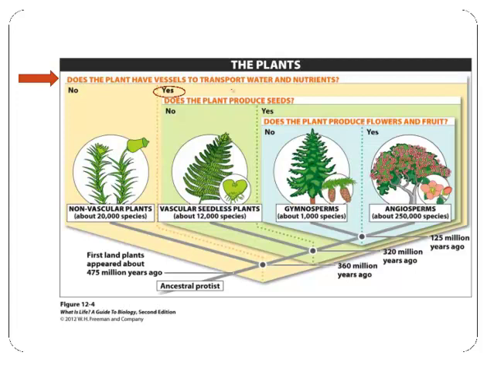So looking still if the plant has vessels to transport water and nutrients, our bryophytes are the only group that doesn't. Starting right here, we'll look at our vascular seedless plants, and they were the next to branch off.